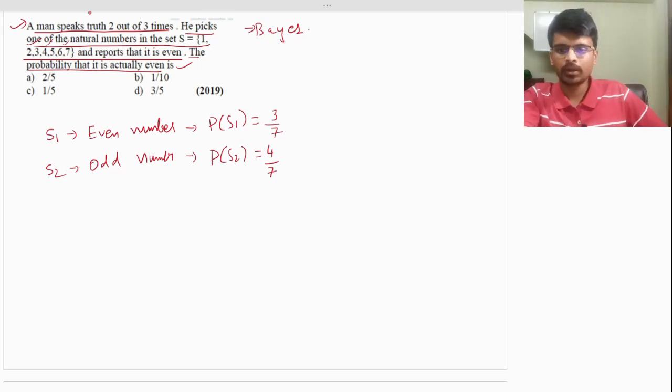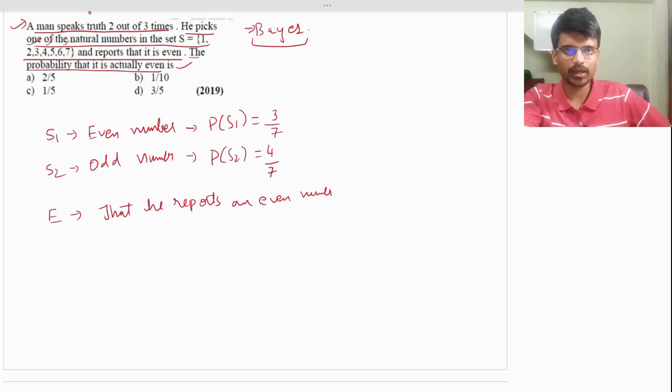Okay. And E be an event that he reports an even number. Whenever you get Bayes theorem, you need to make a distinction between these different types of events.